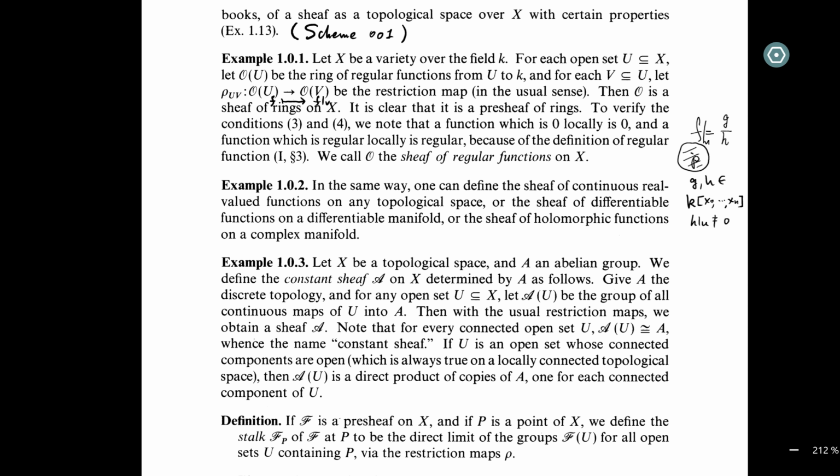That's the definition of regular at a point, and f is regular on X if it's regular at every point.